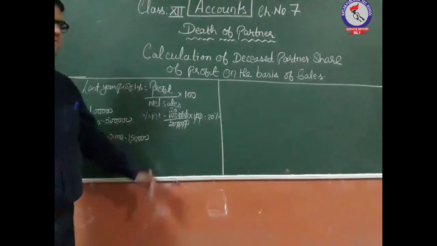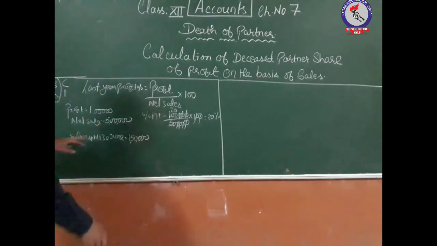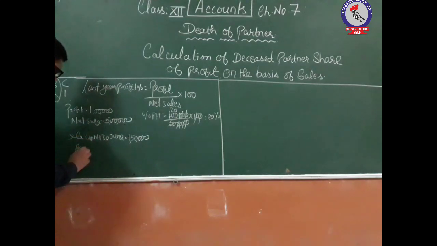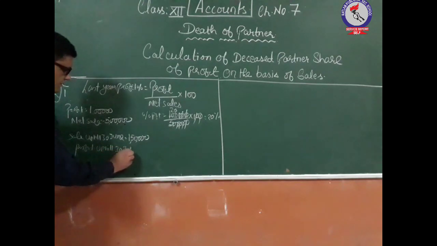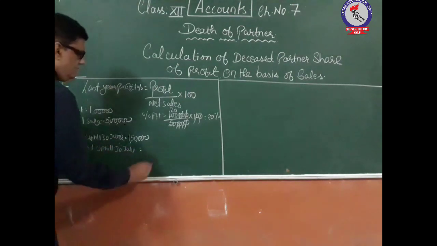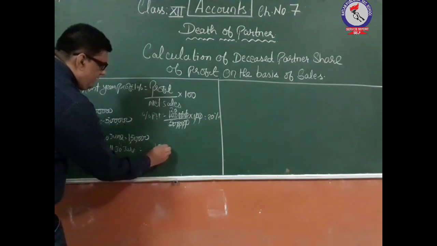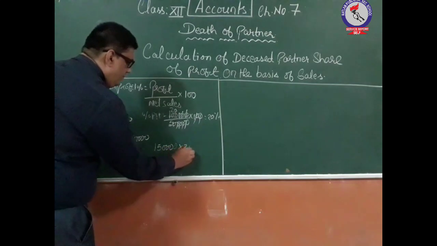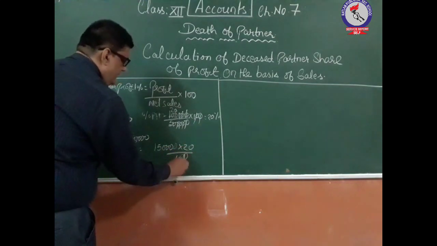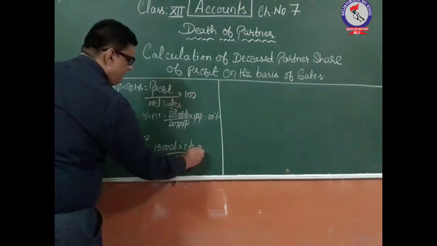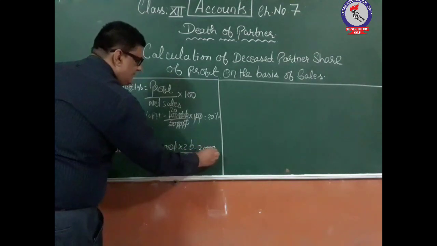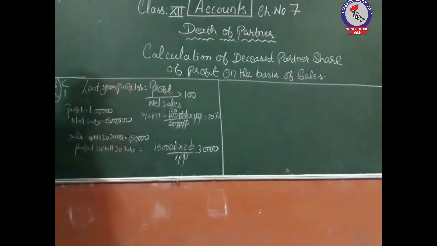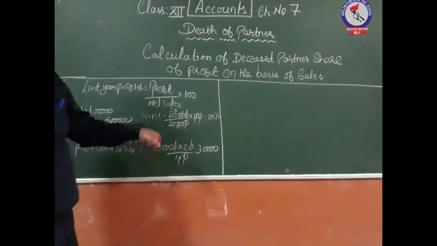So in this 1,50,000, what will be the profit up till 30th June? It will be 20% of 1,50,000, which is 30,000. So profit up till now is 30,000 rupees.